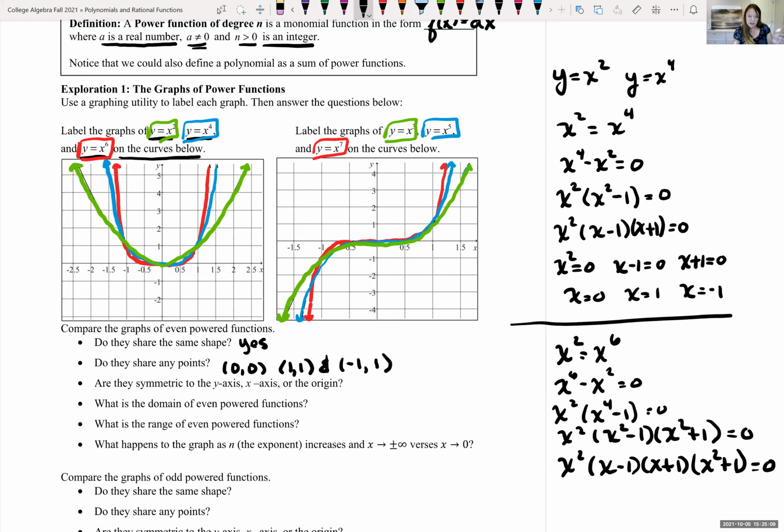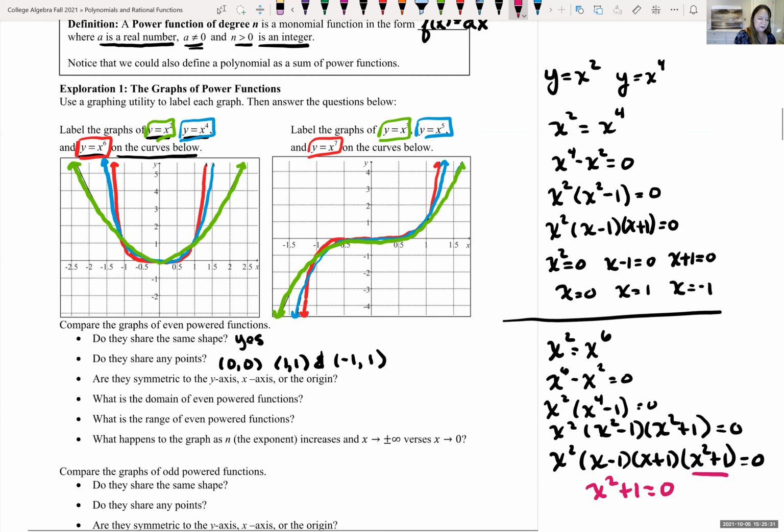Again, setting each factor equal to 0, x squared equals 0 when x is 0, x minus 1 equals 0 when x is 1, x plus 1 equals 0 when x is negative 1. The only different factor that we have in this case is this x squared plus 1. But when that one is equal to 0, notice we can use the square root property.